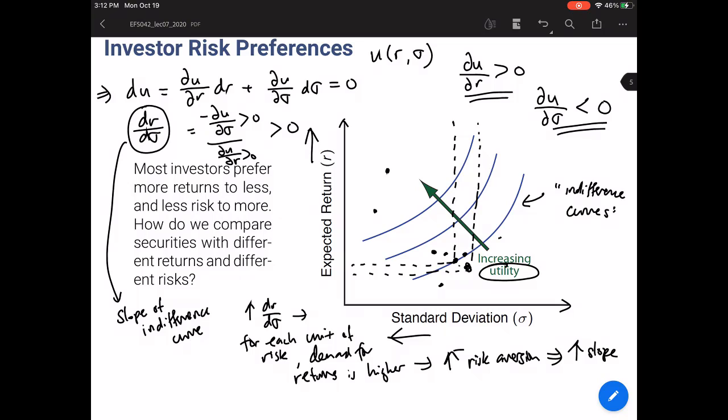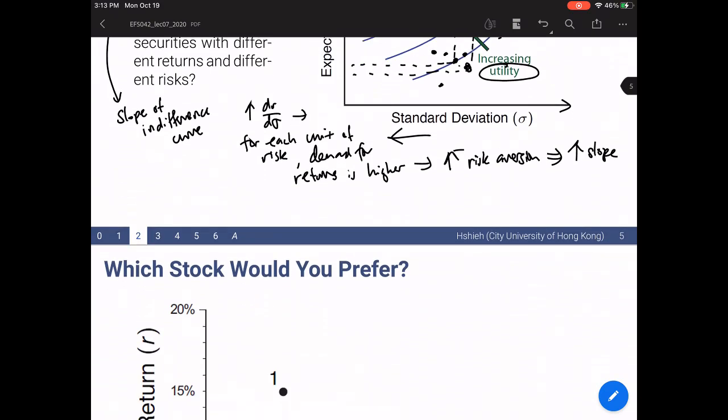Depending on how positive it is will tell us how risk averse somebody is, because the more positive it is, the more returns this individual will demand per unit of risk. That's what risk aversion means. Okay, so let's move on to examples of risk aversion.